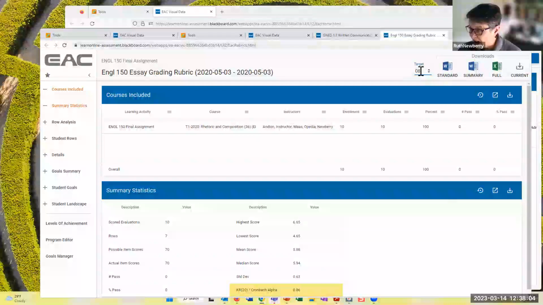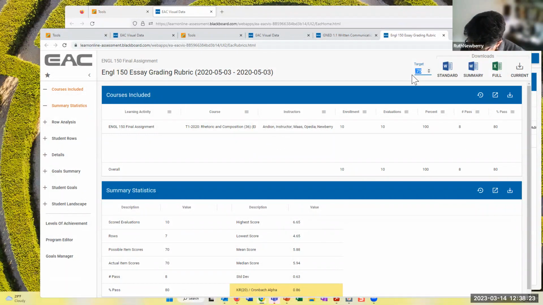So I can see when I set it at 80, none of my 10 students scored well enough on the entire rubric to meet that target. If I go back down to maybe a 70, 8 of my students made it. If I go back down to that 0.6, all 10 students.